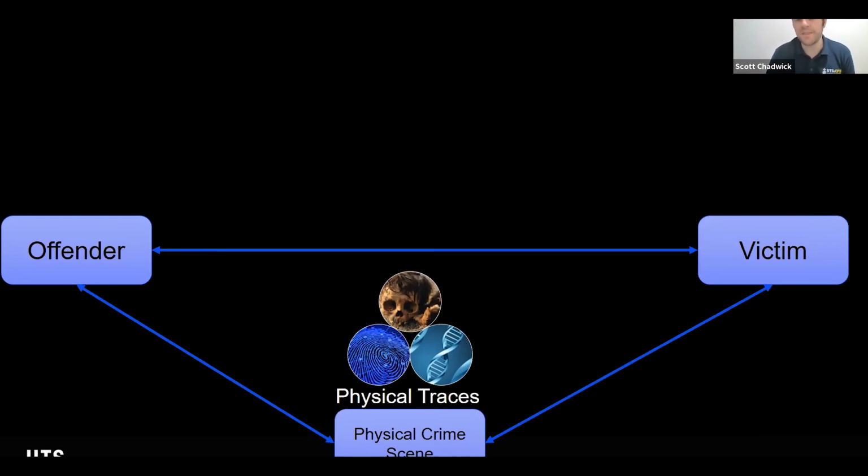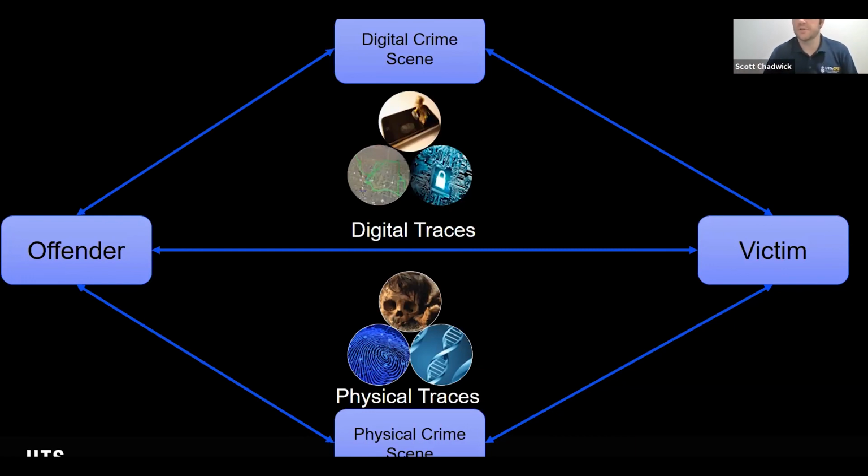But if we have a think about it, the types of crimes that are occurring have changed quite rapidly in the last 10 to 15 years. And this has happened because more and more our lives are going online. So just like we had our physical traces that we're looking for, there is also this digital dimension to forensic science now.